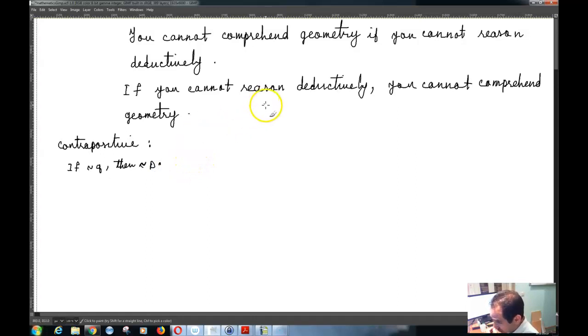So now this is your P, this is your Q. So if not Q would be if you can comprehend geometry, the contrapositive, if you know how to reason deductively.